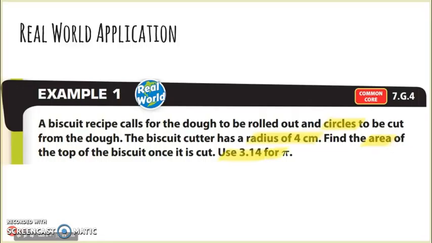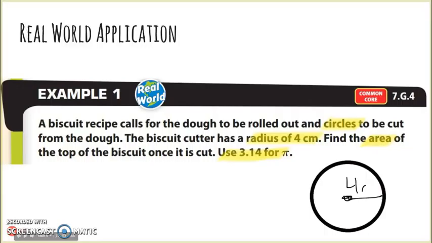When I get story problems in geometry, I like to start by drawing a picture of my situation. And this is it. I have a circle cookie cutter with a radius of 4 centimeters. Next thing I do is I always write the equation I'm going to use down. It helps keep organized, and it says, what do I need to know to answer this?